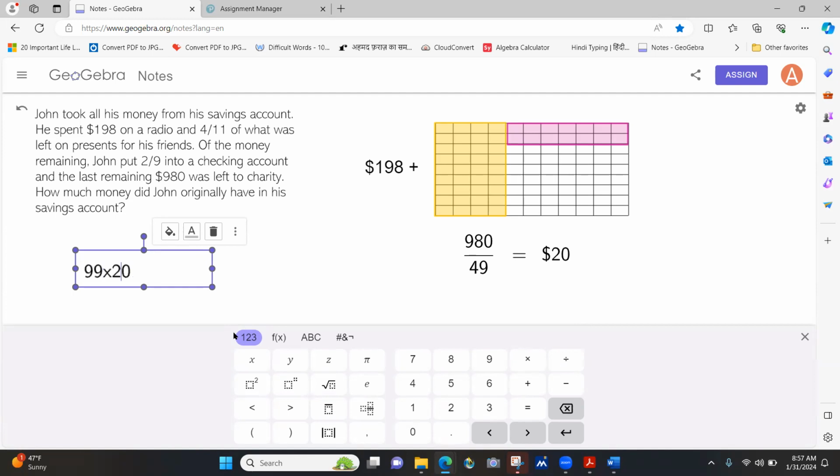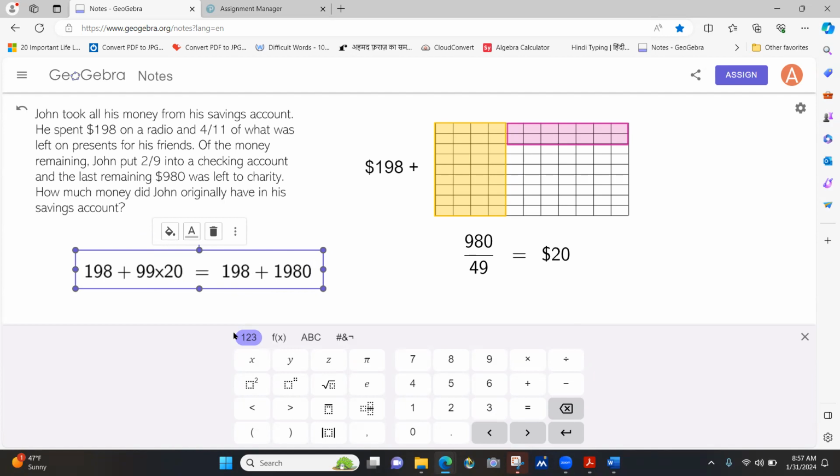And don't forget, we're finding the total amount. Don't forget to add 198. It's a common mistake that people make. 99 times 20 is 1,980.